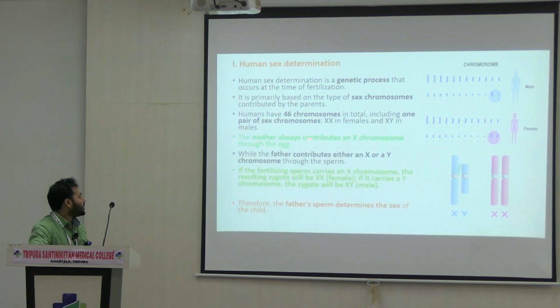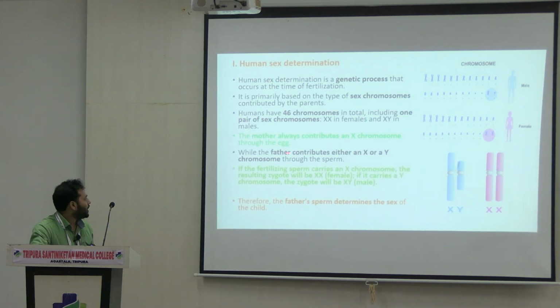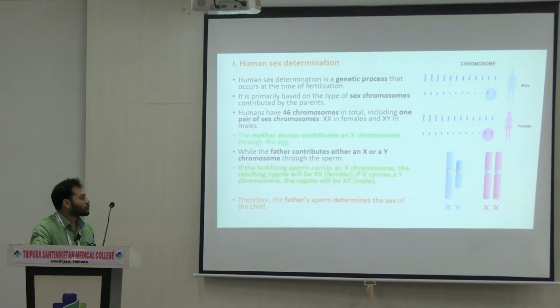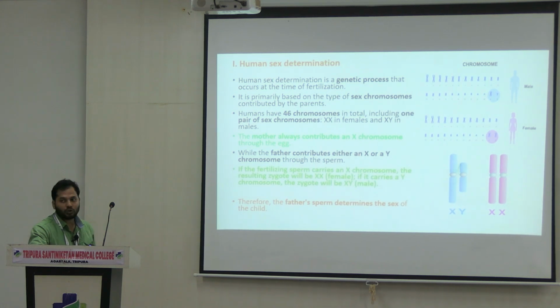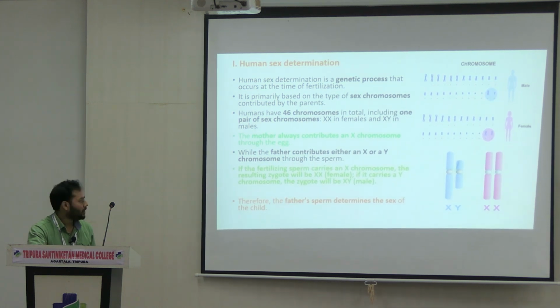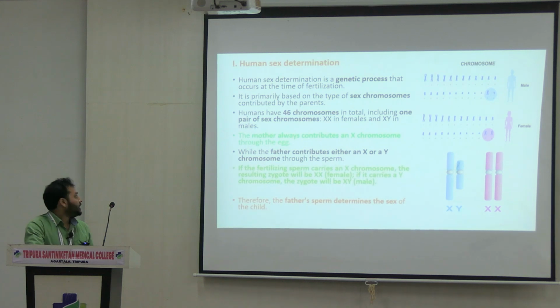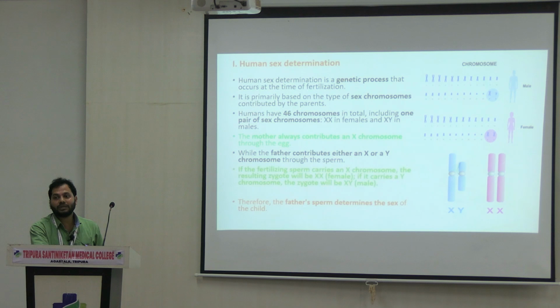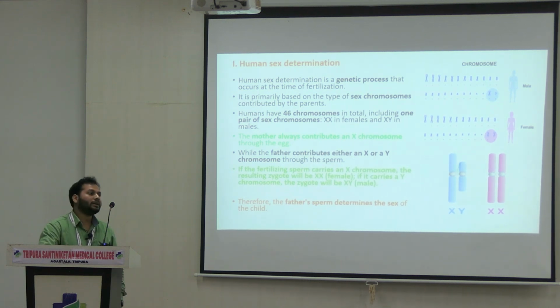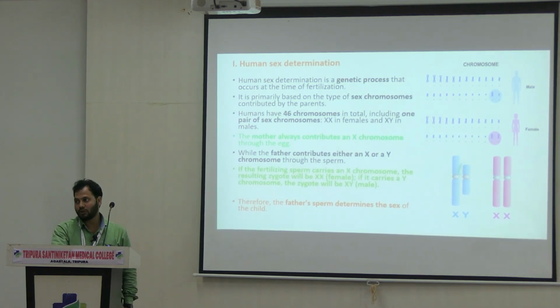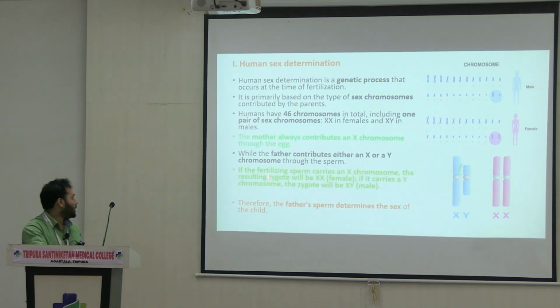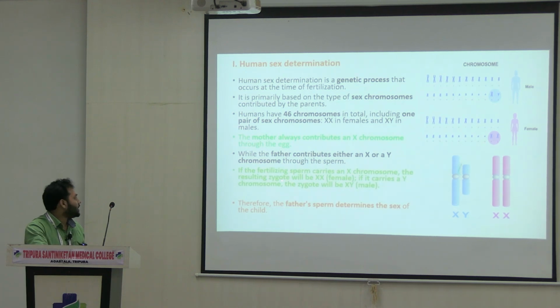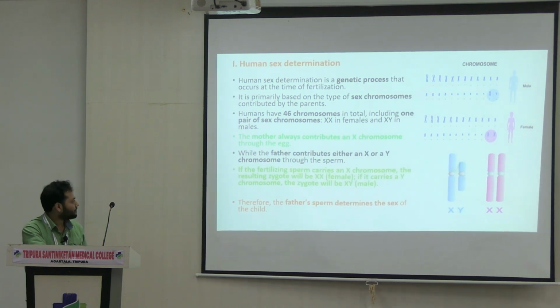So the mother always contributes an X chromosome through the egg, while the father contributes either an X chromosome or the Y chromosome through their sperm. Finally, if fertilization occurs between the sperm cell and egg cell, it will give a specific type of zygote, right? If the fertilizing sperm carries an X chromosome, the resulting zygote will be XX.